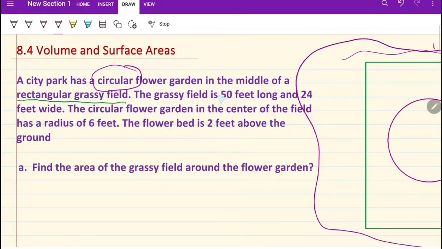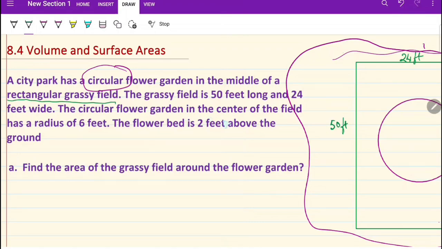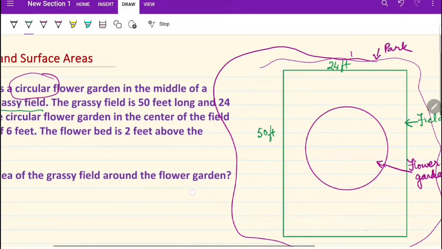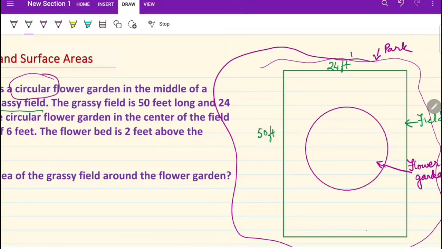All right, so the grassy field is 50 feet long and 24 feet wide. So it's 50 feet and then 24 feet wide. And then it says the circular flower garden in the center of the field has a radius of 6 feet. So let's try to show the radius here.